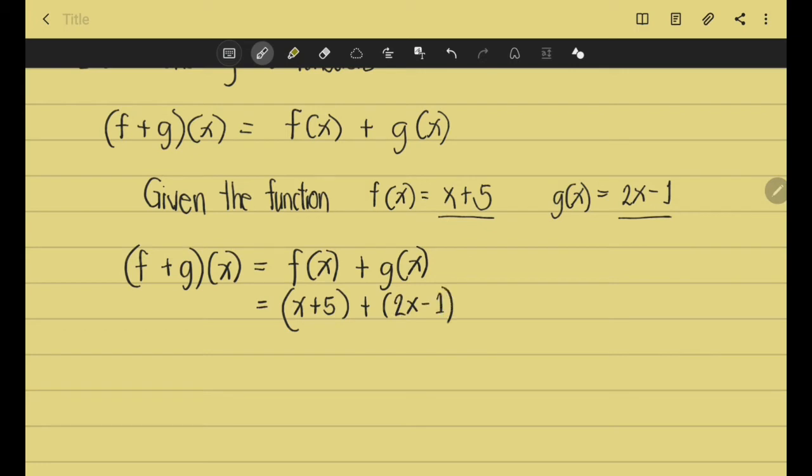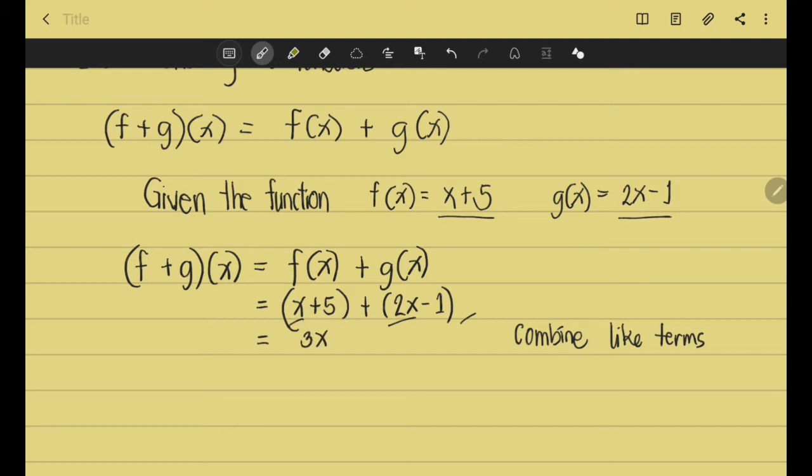The next step is to perform the indicated operation. So how do we perform that operation? We have to combine like terms. So in this given expression, what is our like term? So we have x and 2x. So x plus 2x, we have 3x.